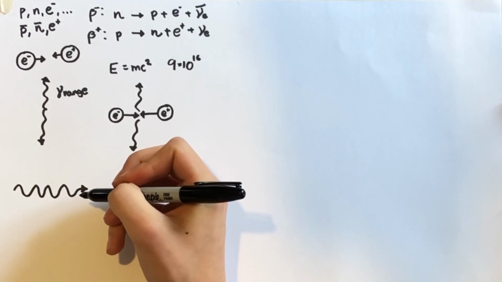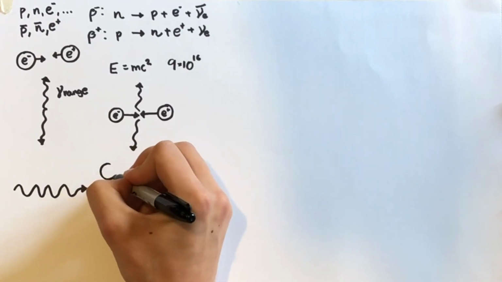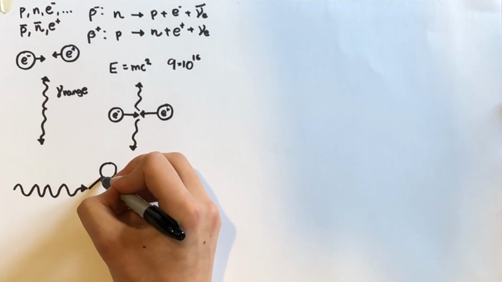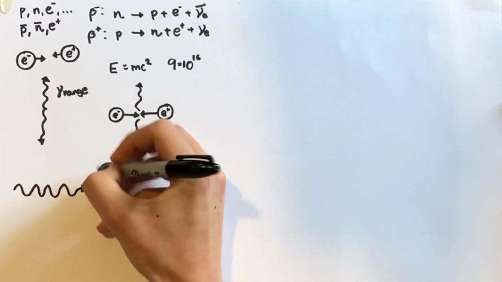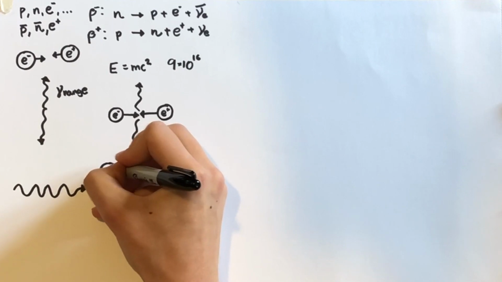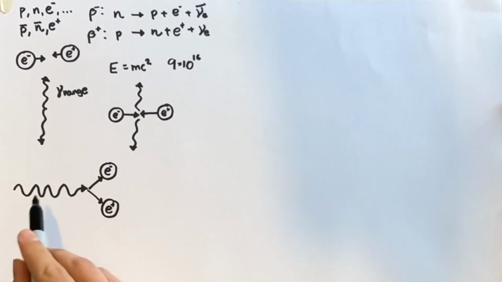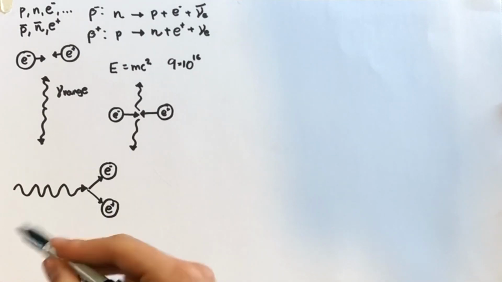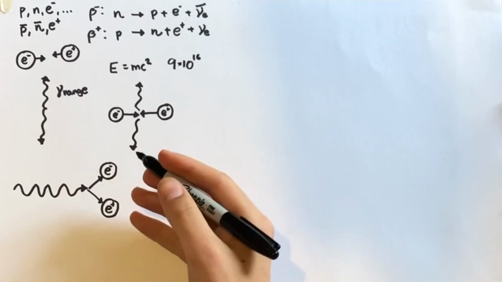Now that will actually turn into two particles, one of which is an electron and one of which is a positron. And you always get it like this. You can't create matter without antimatter. It always happens in pairs.